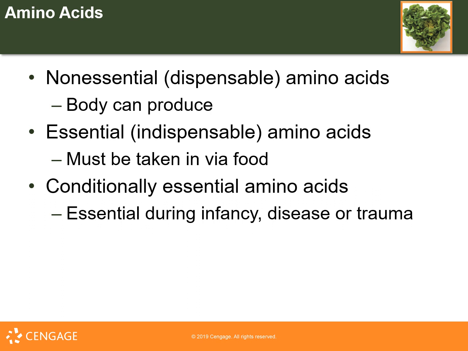Glutamine is a non-essential amino acid, and glutamine is often conditionally essential with athletes in general because there's a high need for it when we take a look at how they use their muscles, especially those athletes with high volume training regimens. So for them, some of those non-essential amino acids might be conditionally essential while they're training.